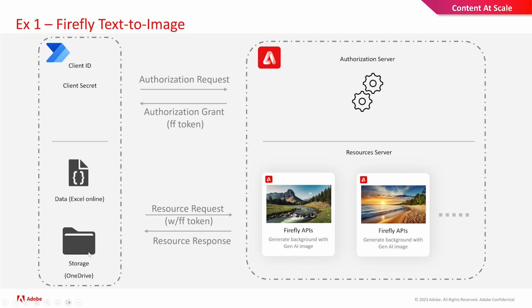So I hope this gives you a sense of how you can actually use Firefly APIs to automate the process with Power Automate, right? In the next tutorial, we'll go a bit further into the API calls and share a few more tips and techniques as well.